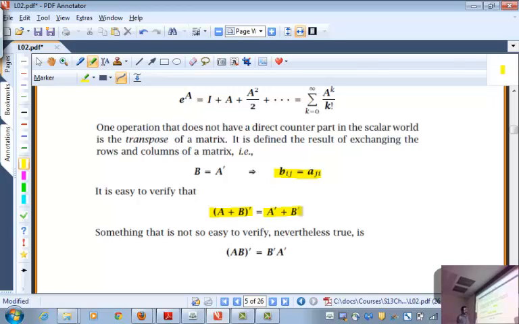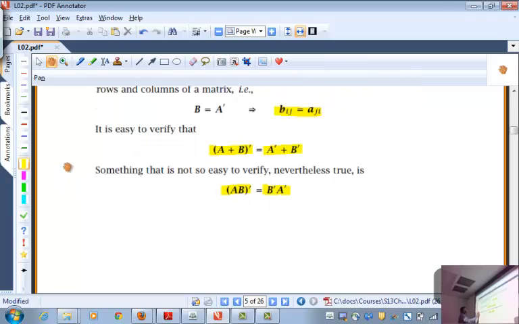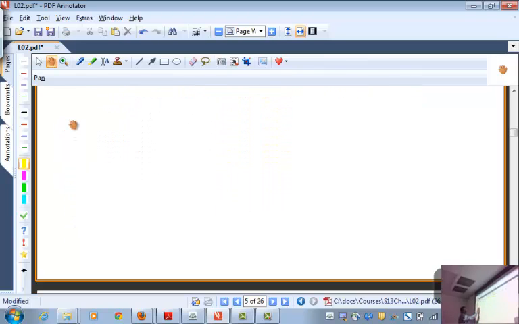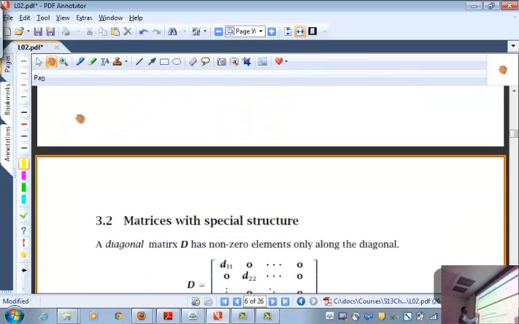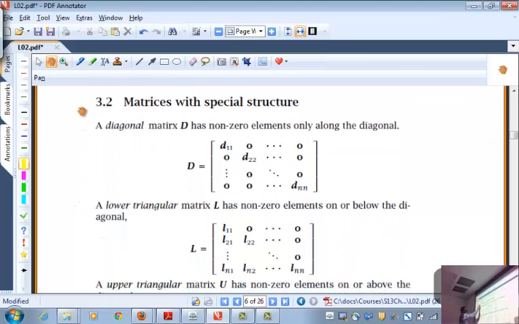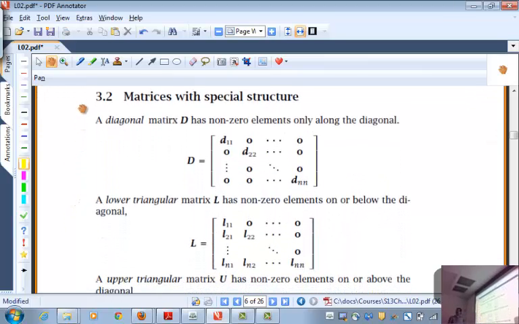But the transpose applied on a product is B transpose multiplied by A transpose. Okay, so those are all just a quick review of the basic nomenclature that we are going to use and the basic operations and what we mean by them.